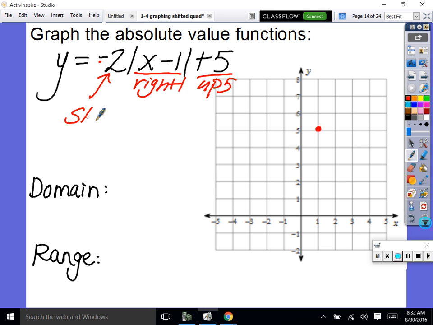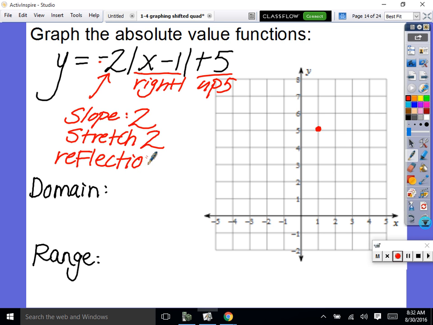You would say a slope of 2 because it's an absolute value function. You could say stretch or compression, but I'll also accept slope of 2. So we could also say this is a stretch of 2, and then it's a reflection over x because of the negative.